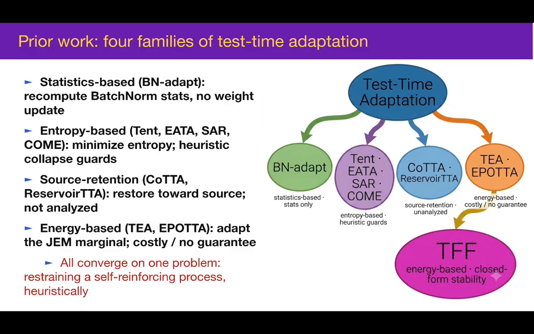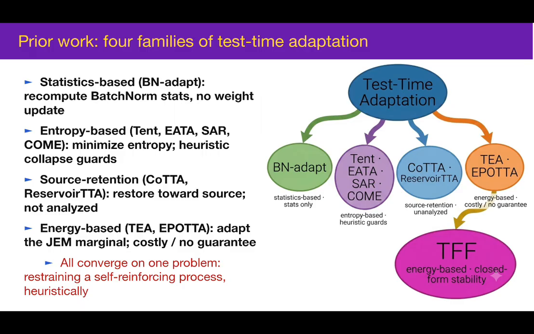This source retention means it keeps pulling the model back toward the original one. So when the corruption is continuing, it doesn't drift too far from the original source. And then the fourth is energy based, like TEA. This is the family my work belongs to.